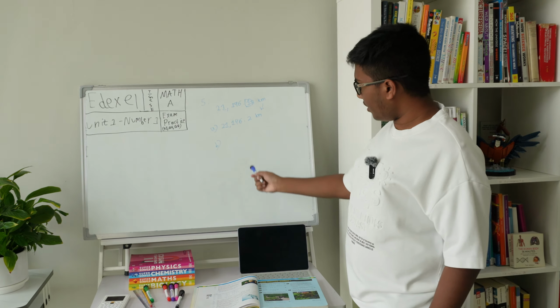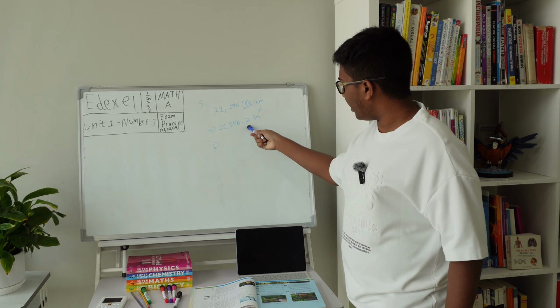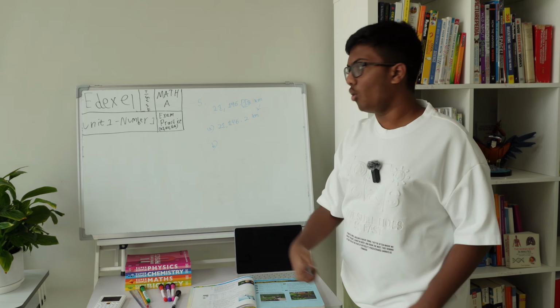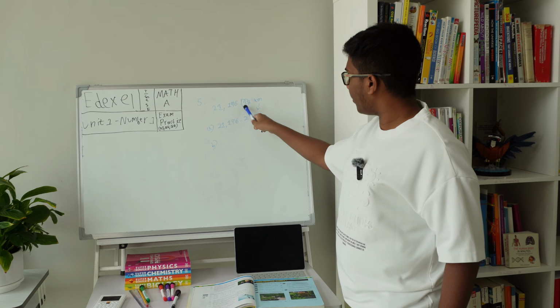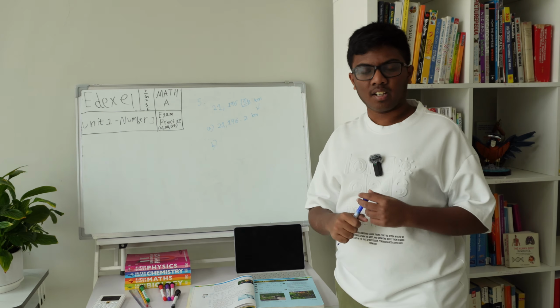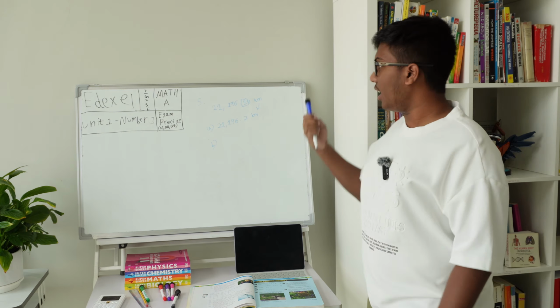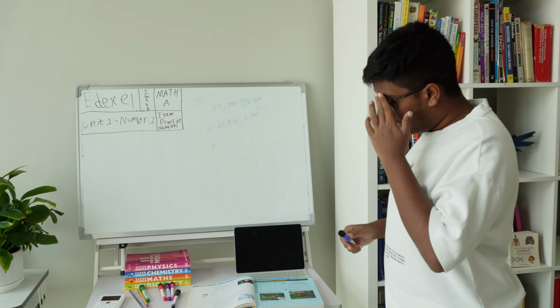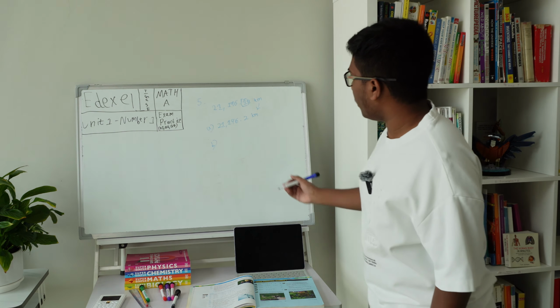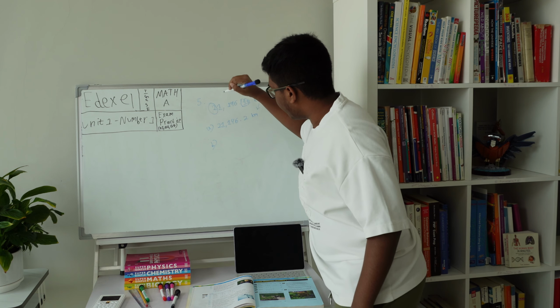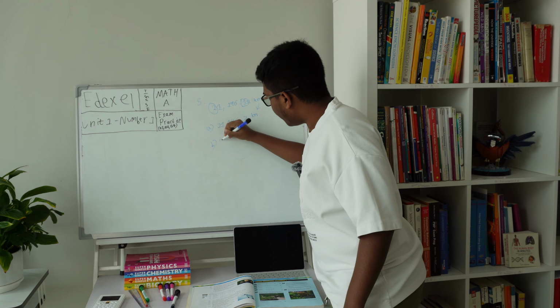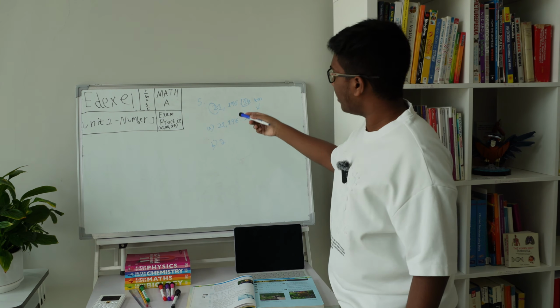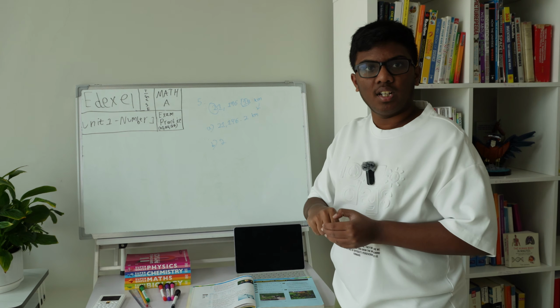But significant figures, 1, 2, 3, 4, 5, 6, 7. So 7 significant figures are present, and the first one would be the first non-zero digit, the 2. So we would write 20 something thousand.